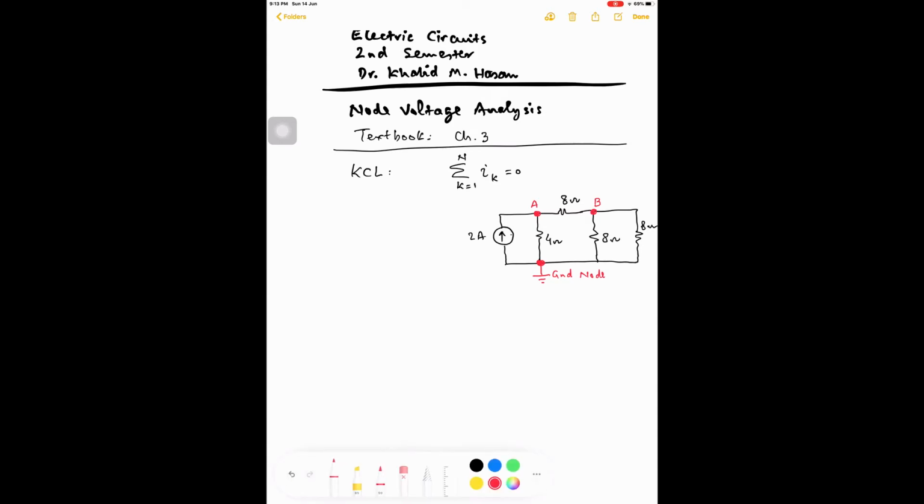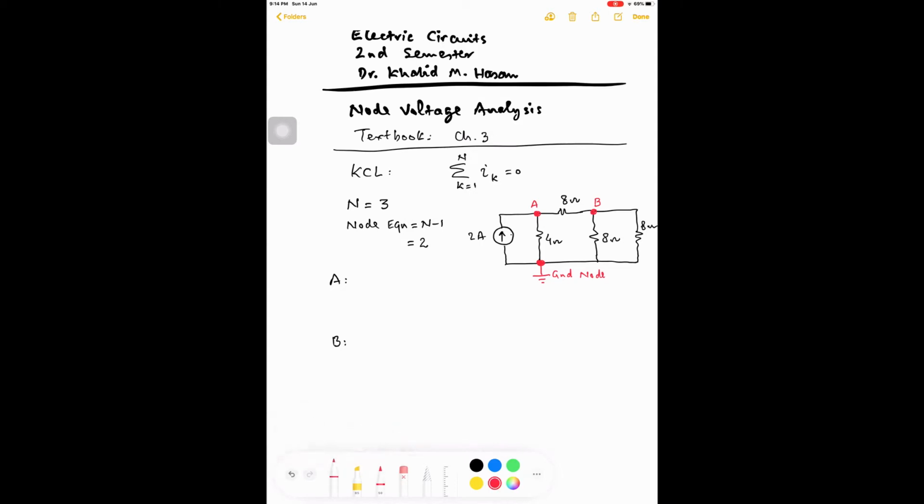Now we see that if n is number of nodes, we have 3 nodes including the ground node, and in this circuit the number of node equations will be equal to n minus 1, means we will have two equations. One equation for node A and other equation for node B. We will write two equations for node A and node B.